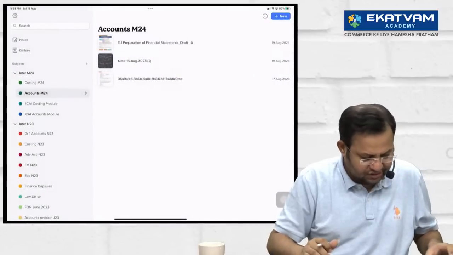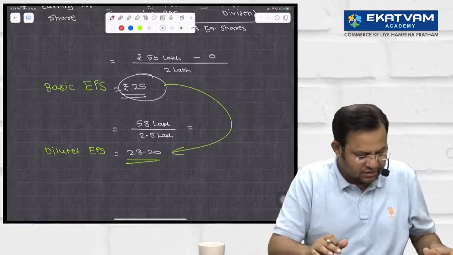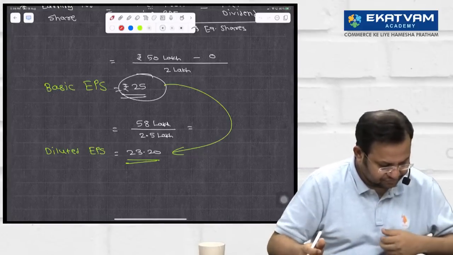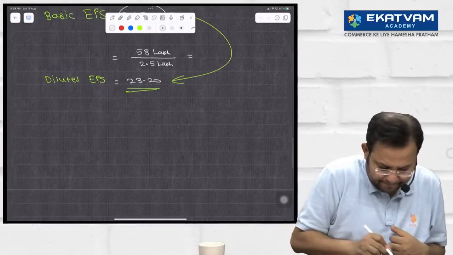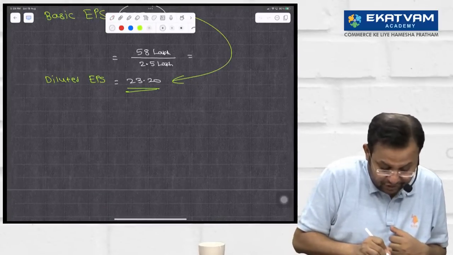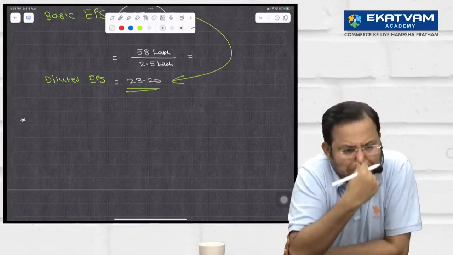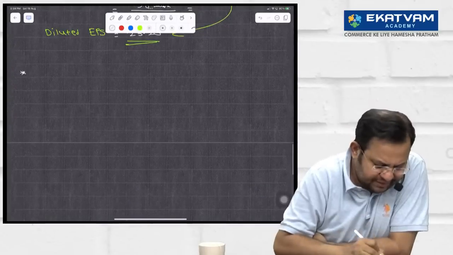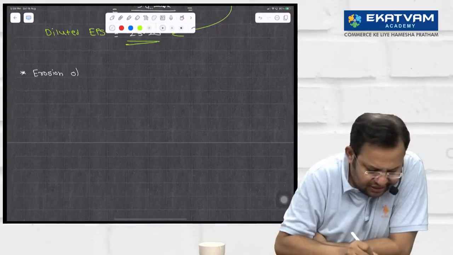ठीक से सुनना. Listen up to this. कंसेप्ट बहुत अच्छा है, सुनना. The concept I'm explaining is erosion of capital.